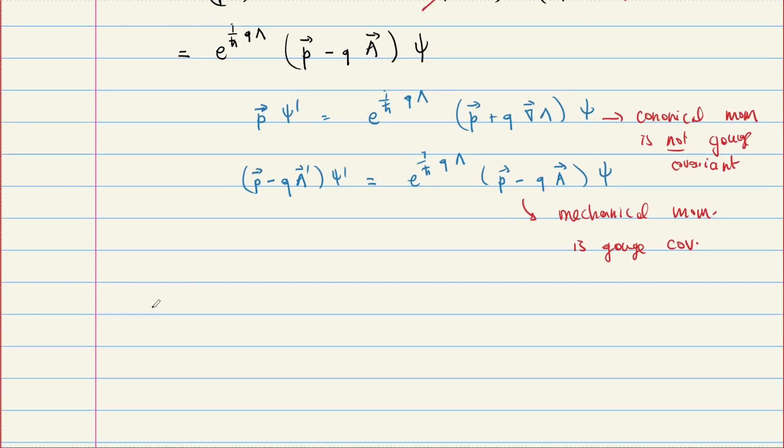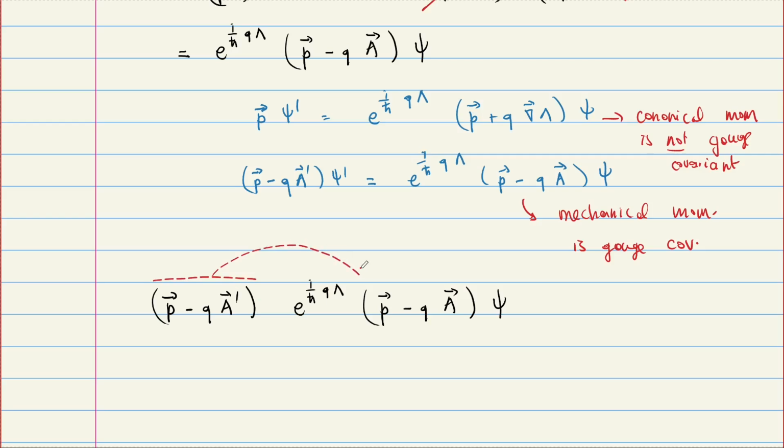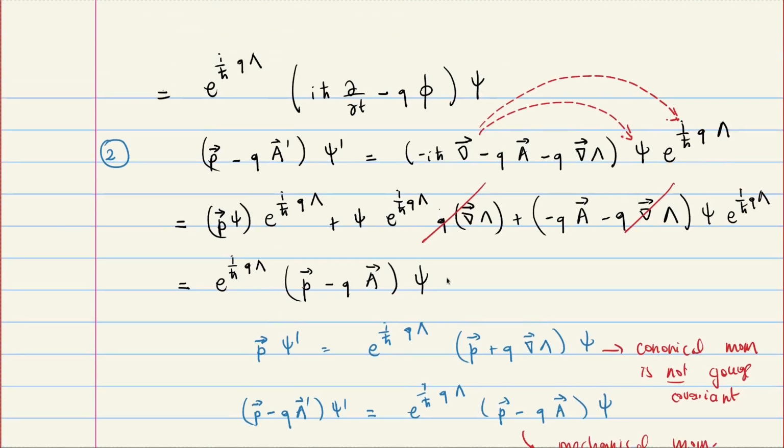So we now want to calculate p minus q a prime, so this entire thing is acting one more time. Whenever this object jumps over this exponential, there is going to be a shift in p, and that's all we need to know.